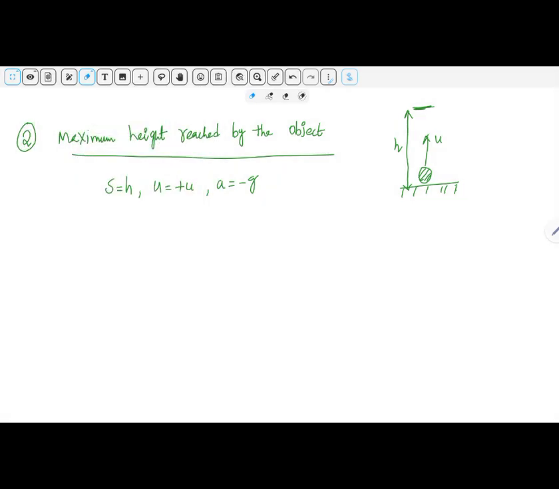So we want to know what that h value is. If you find s value, it is nothing but h, the maximum height. So I want to know that.